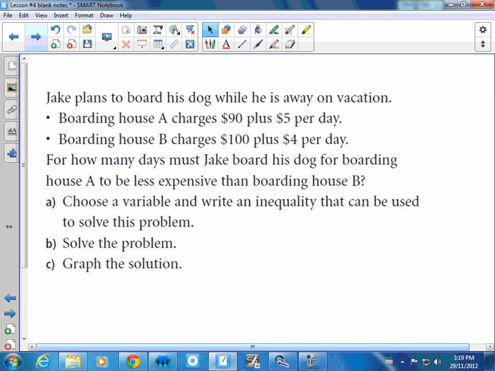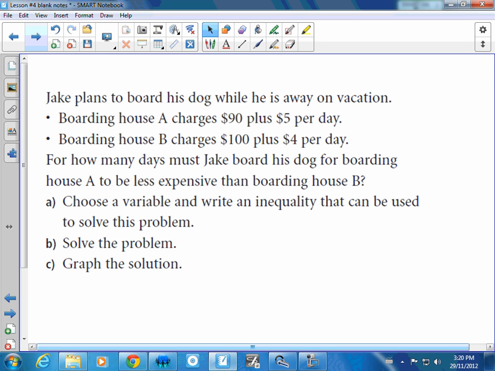So the first thing we need to do, and guys, this is interesting, it's amazing how students pick this stuff. You need to choose a variable for this inequality. D for what? No, because you only have one dog. What's the thing that changes? No, not the money. That's the total. A and B are the boarding houses.